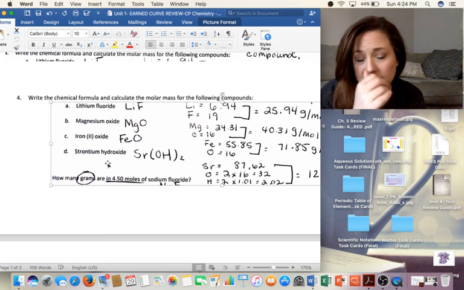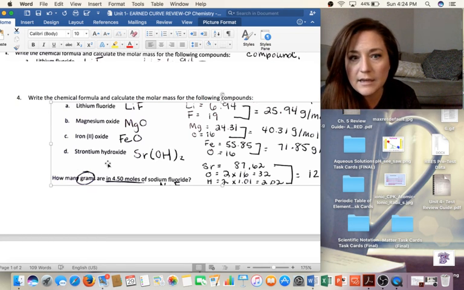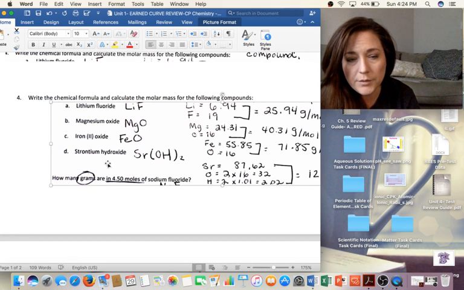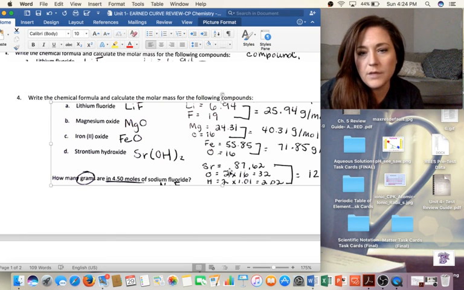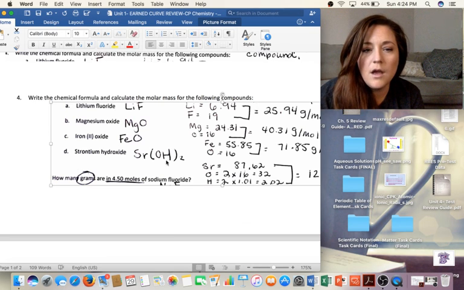Strontium hydroxide is a little harder. So OH has a -1 charge. Then Sr has a +2. So when you take one of strontium, which when you look at the periodic table has an 87.62, oxygen has 2 of them.